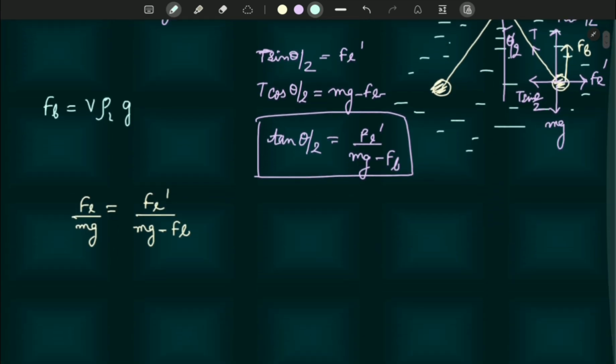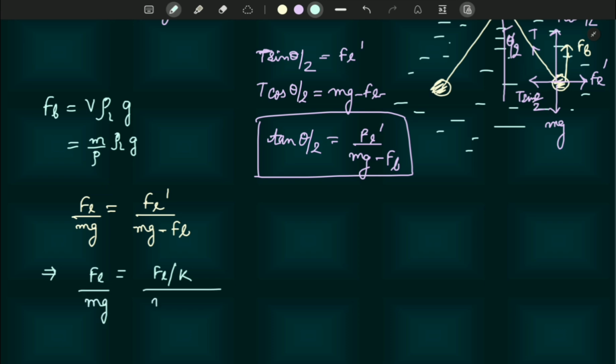So m by rho into rho liquid into g. So simply putting this, Fe equals, and Fe dash is Fe by K, the dielectric constant, denominator mg, and here mg minus Fb is mg into rho liquid by rho.